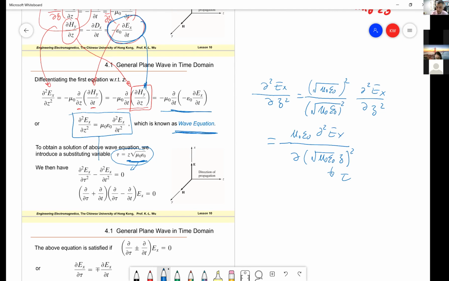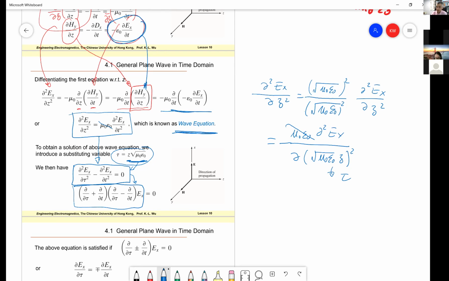I can write this equation into this, a more compact form we call the wave equation. You see, because this and this cancel each other. I can write this wave equation in further simplified form.